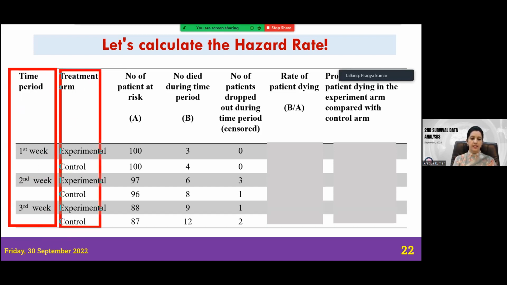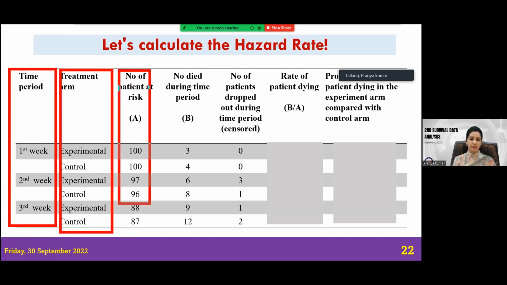So you can see there is an experimental arm and there is a control arm. Number of patients at risk, you can see we have started with 100. This is the number of people who died during the time period. So 3 people died in the experimental arm and 4 people died in the control arm. And these are the number of patients who dropped out.